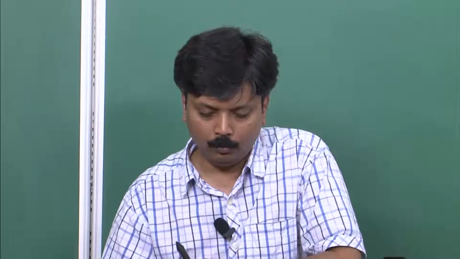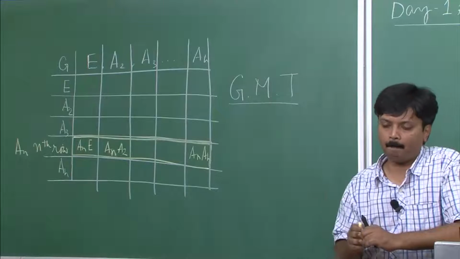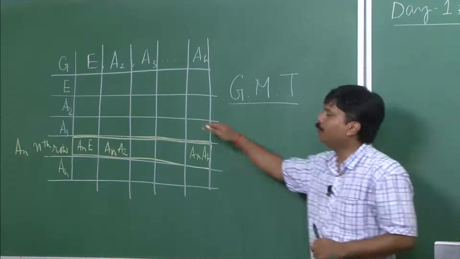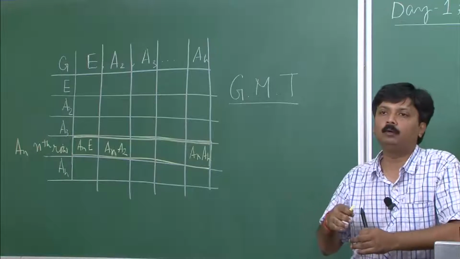Since all the A's are different, all these products also are going to give me different results. So in this nth row, I have h new elements formed by this binary product, which all will be different. Similarly, I can choose any of these rows. So all of them will have different elements that are formed.